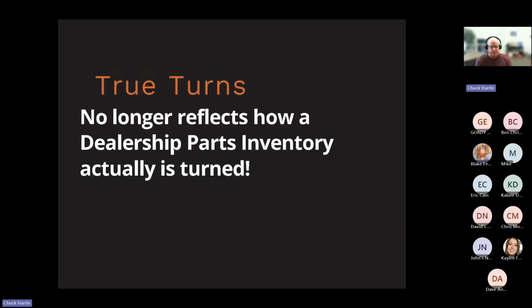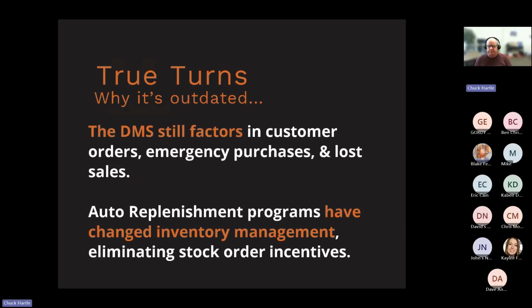But as far as purchasing on a stock order, a daily order, or an ASR, it's all the same. Most dealerships pick up very little from other dealers unless they have to, less than 2 or 3%. So I would say don't really worry about it unless it's fairly high. So gross turns, this is where we're looking at true turns and why it's outdated.